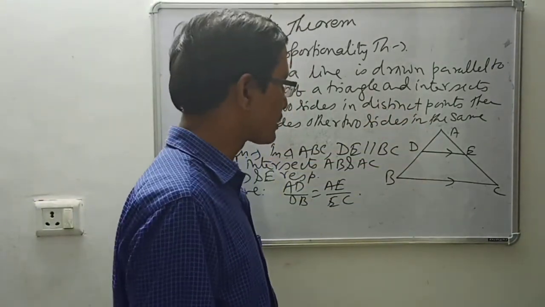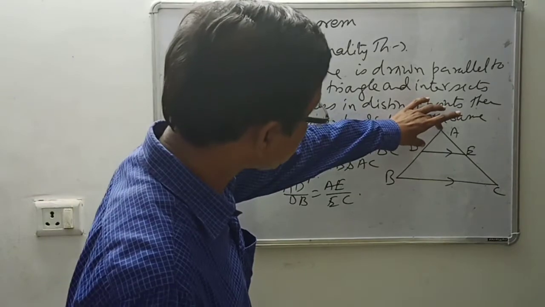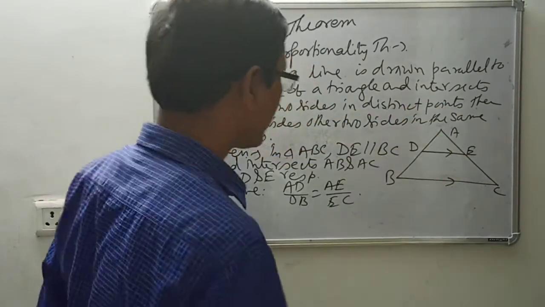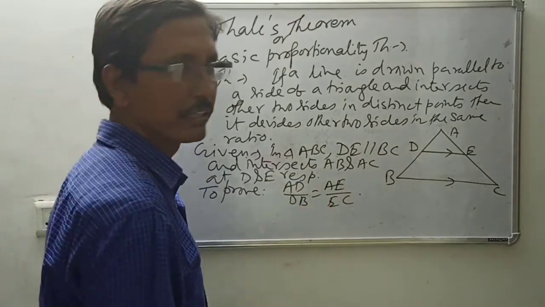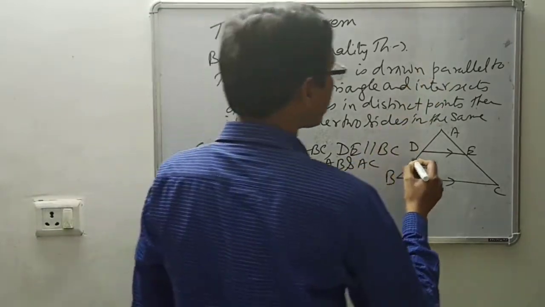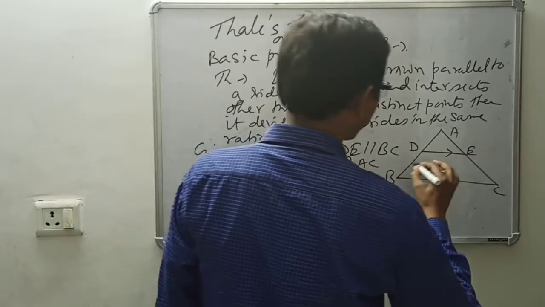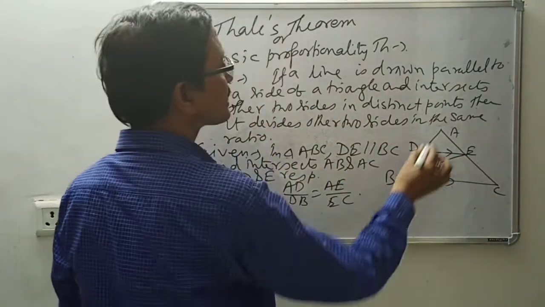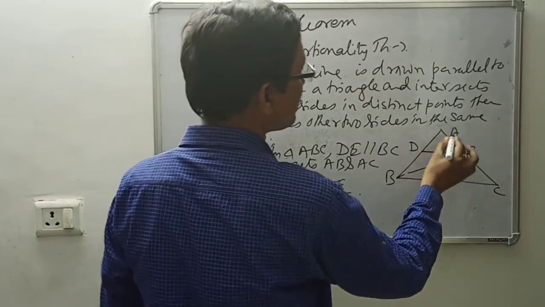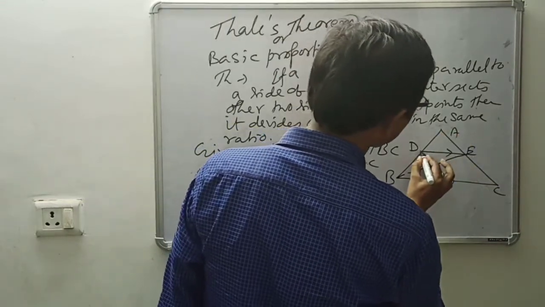For that purpose, taking AD you are having the triangle ADE, but for BD you don't have the triangle. So first make the triangle, with the same baseline you have. That's why, taking BD, join BE in the construction, as well as for AE you are having the triangle, and EC you have to make also another triangle.